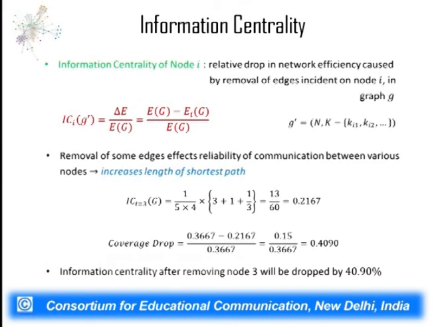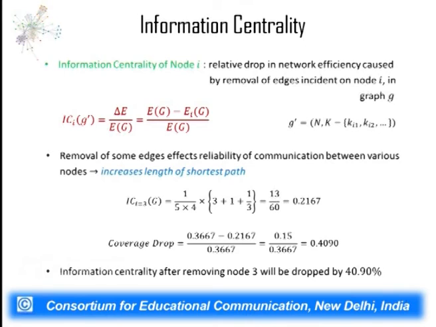If a node with a high central value, a very important position in the network, gets removed, then what happens to the information being sent from a particular source to destination? Information centrality is a measure of the relative drop in the network efficiency that is caused by removal of edges incident on that particular node i for a specific graph, say G.